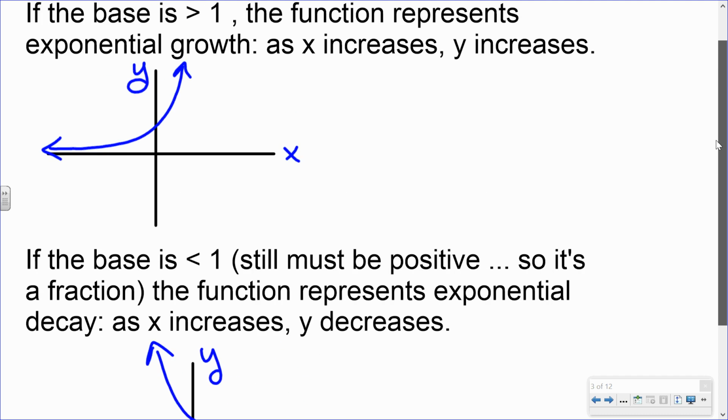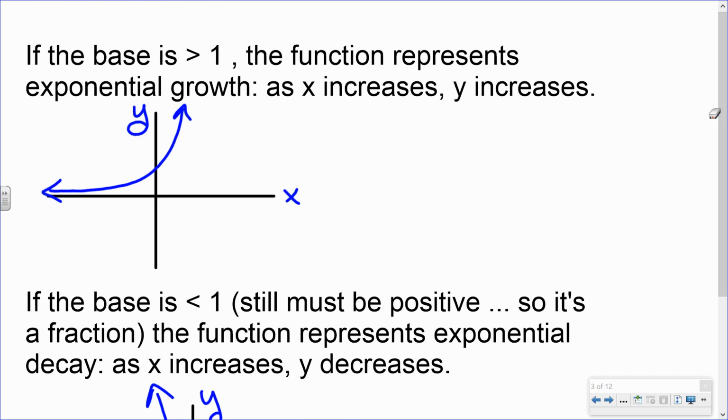What's going to make the difference is whether the base is bigger than 1. Remember, it's got to be positive, can't be 1. If it's bigger than 1, it's going to be growth. If it's between 0 and 1, so if we have a base that's a fraction, then it's going to be decay.